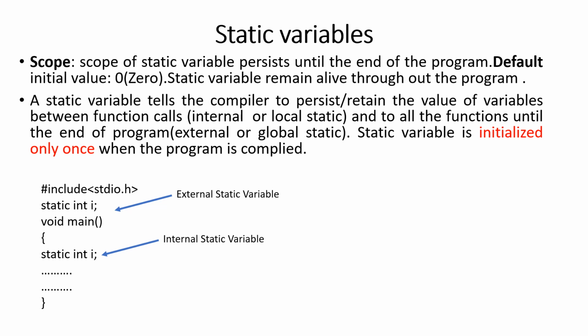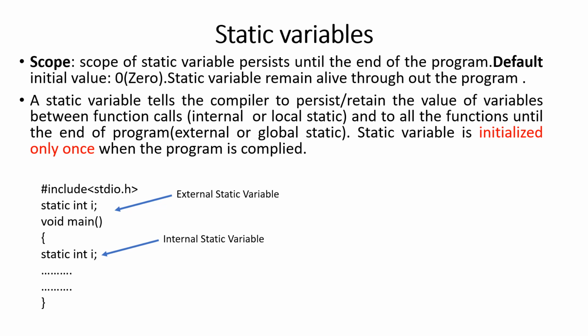So you can imagine that even if we are initializing within each function, the default initial value, if it is 0 also, it is initialized only once, so that when we come back to the same function, the previous value will be retained. It is not initialized every time the program control comes back to the same function.